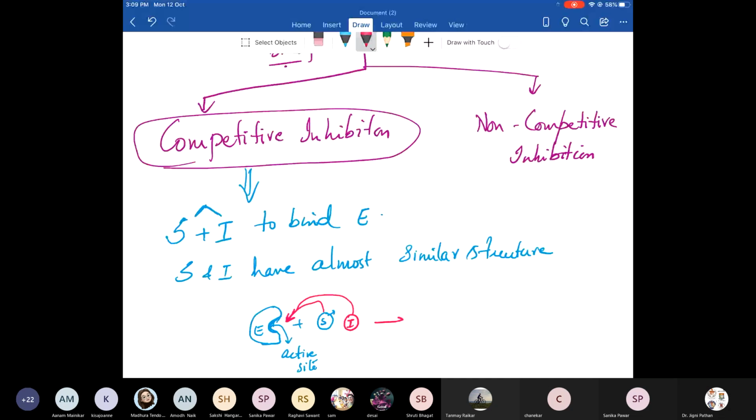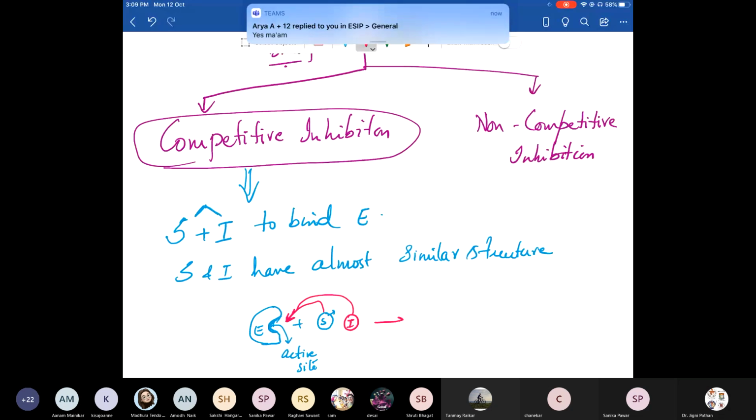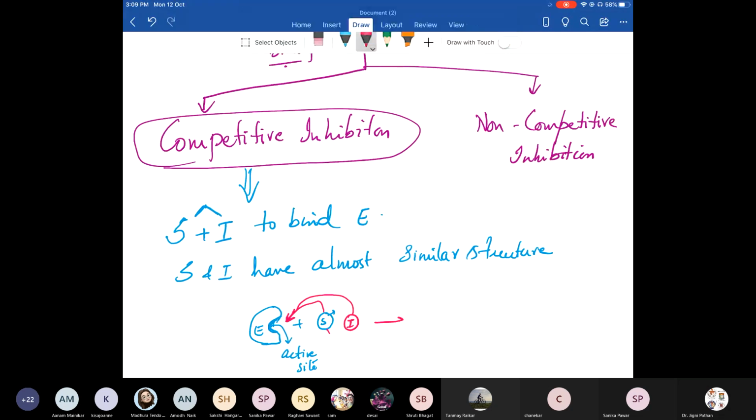Tell me. Don't you think both will compete to bind to the active site because they are of similar structure? Yes. So that's a competition between substrate and inhibitor to bind to enzyme. Did you get the point?